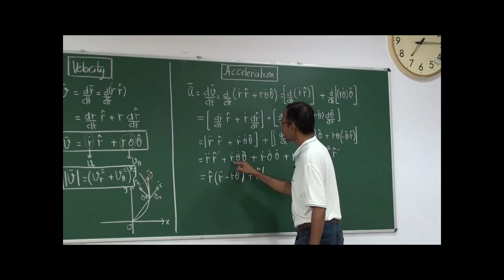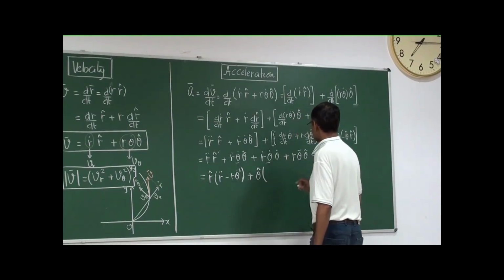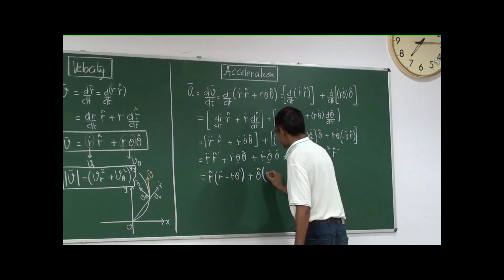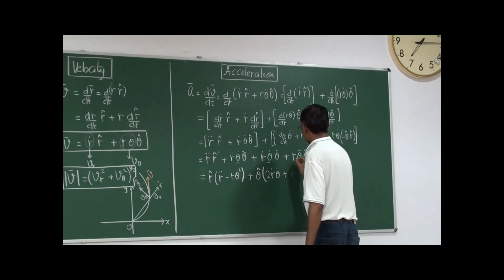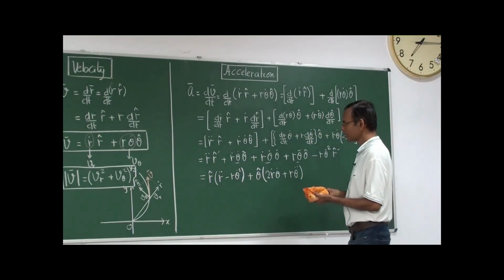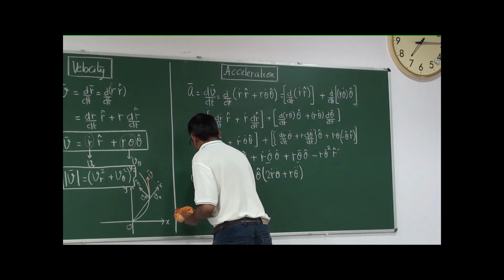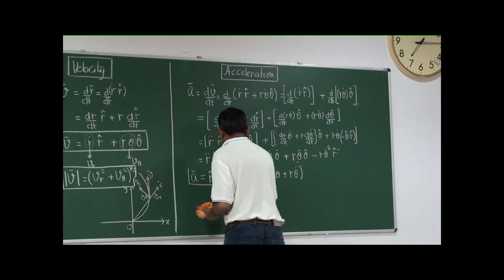You see r dot theta dot, so this is one, r dot theta dot second expression, r theta double dot third expression. So I will write 2 r dot theta dot plus r theta double dot, that's all. This is my expression for acceleration in polar coordinates.